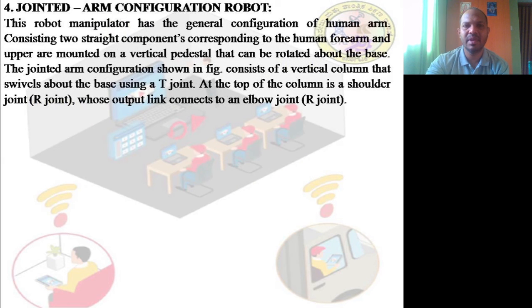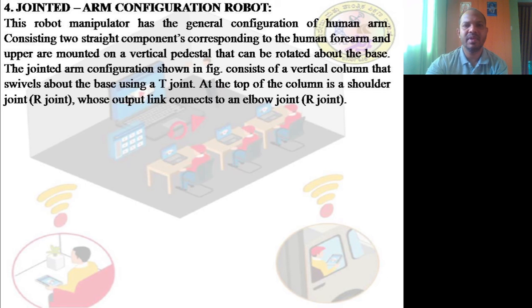That is the reason why this robot manipulator has a general configuration of a human arm, consisting of two straight components corresponding to the human forearm and upper arm. This is the shoulder, the upper arm, and then the forearm. This is one link, and this is the other link, and this is the wrist. Is it clear?